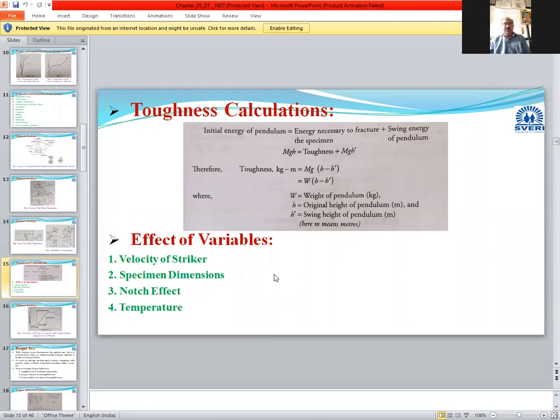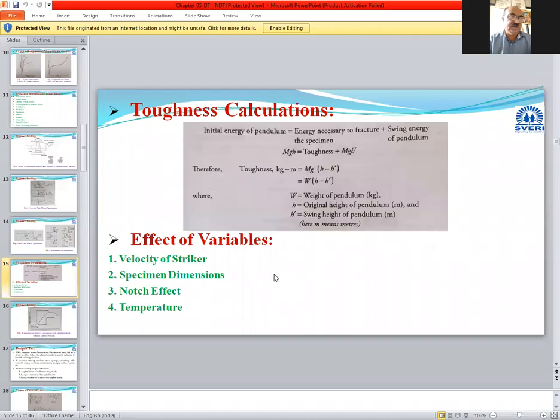So the energy absorbing capacity of the job typically depends upon the velocity of striking of that pendulum, and specimen dimension. Normally we use 10 by 10 square bars, but if we increase that, the energy absorbing capacity also changes. Notch effect, depth of notch and width of notch, will also affect the toughness calculation or energy absorbing capacity, that means toughness.